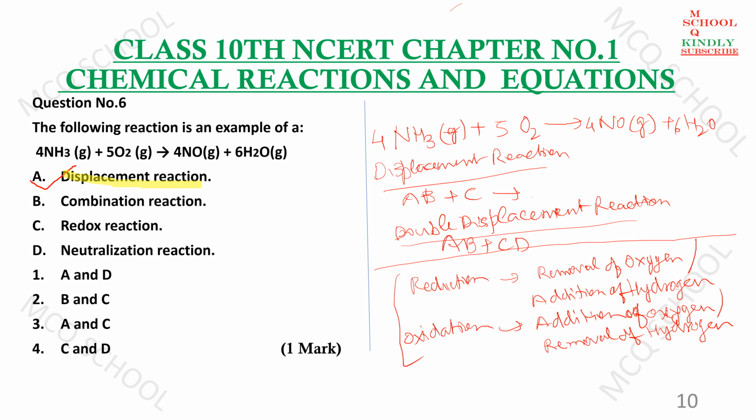Along with that, we find that hydrogen is being removed from ammonia, so it is surely an oxidation reaction. And also hydrogen is being added again: O2 is converted into water, so addition of hydrogen is there.